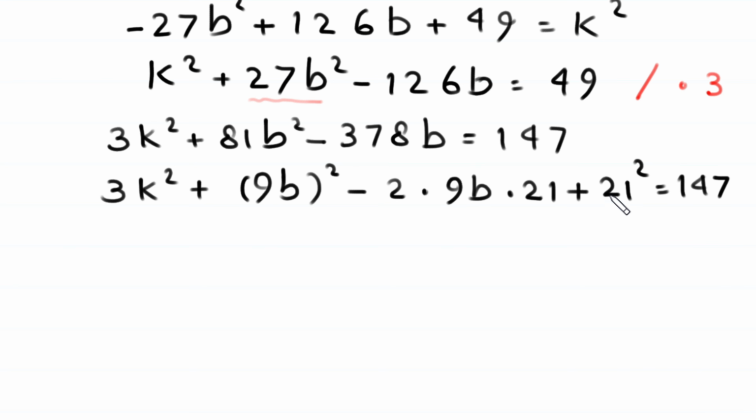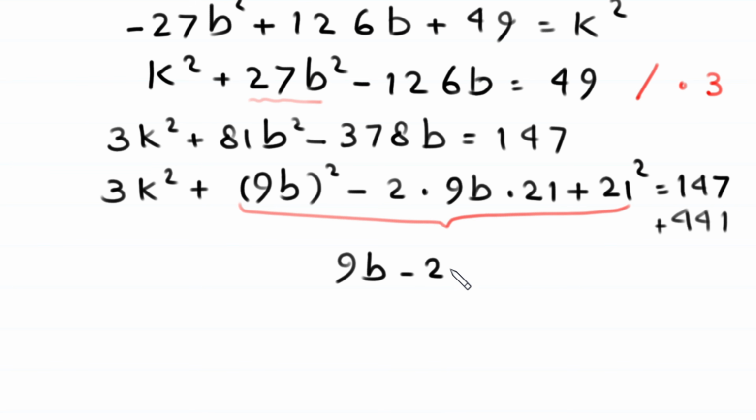Since we have added 21 squared at left hand side, we also add 441 to the right hand side. This 9b squared minus 2 times 9b times 21 plus 21 squared will become 9 times b minus 21 whole squared, and this 3 times k squared equal to, add these two numbers, this will become 588.